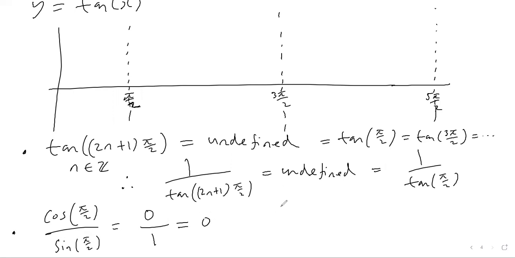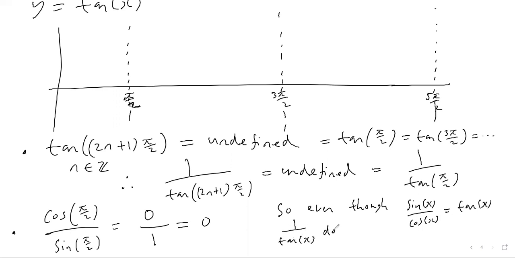So that means that even though sin x divided by cos x always equals tan x, 1 over tan x doesn't always equal the reciprocal of sin over cos, which is cos over sin.